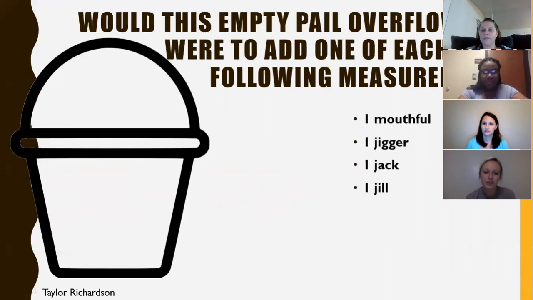In order to do this, it's important to know how much each of these measurements is. But this is more simple than it looks, because these increase in what is called a doubling system. For one of each of these, they will equal 2 of another one. So for example, 1 jigger is equal to 2 mouthfuls. 1 jack is equal to 2 jiggers. 1 Jill is equal to 2 jacks, and so on and so forth.